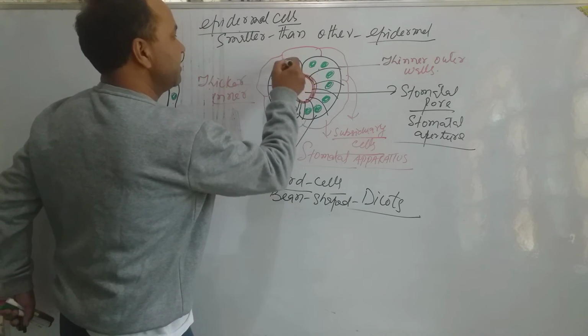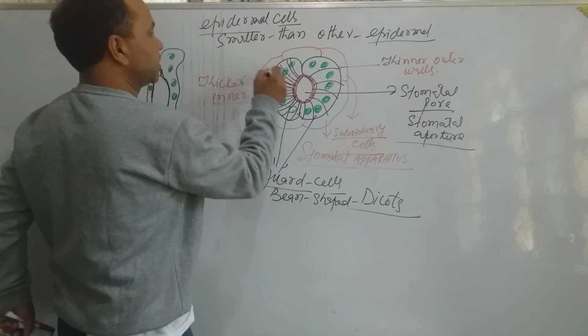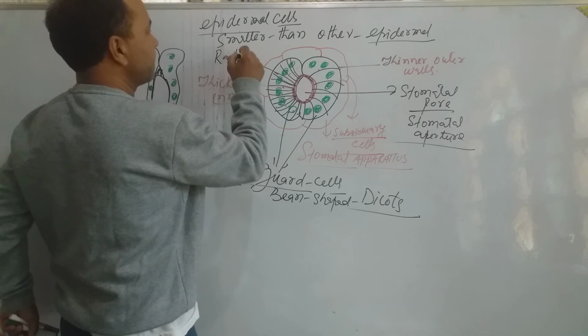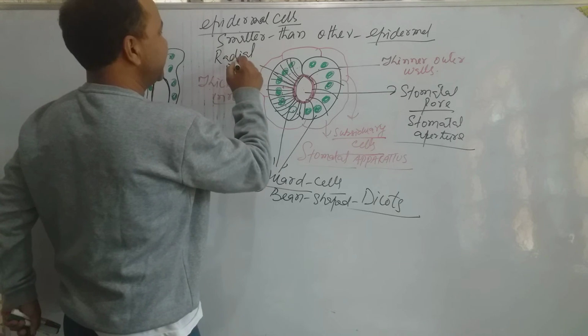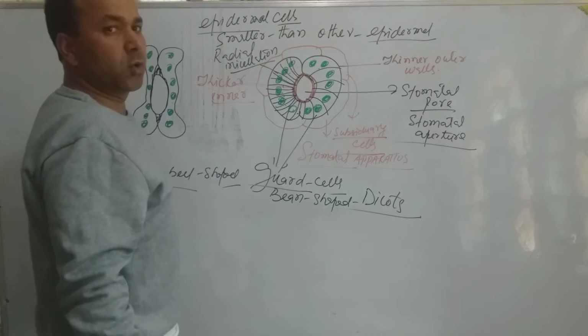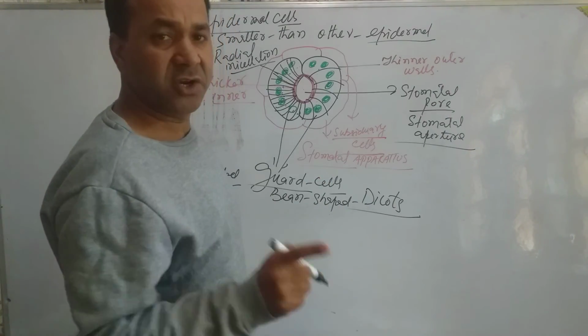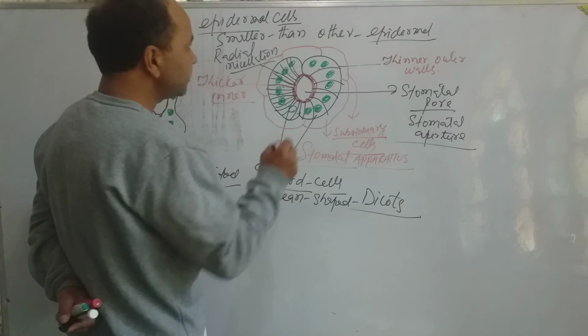This radial micellation plays an important role in the opening and closing of stomata at the time of transpiration.